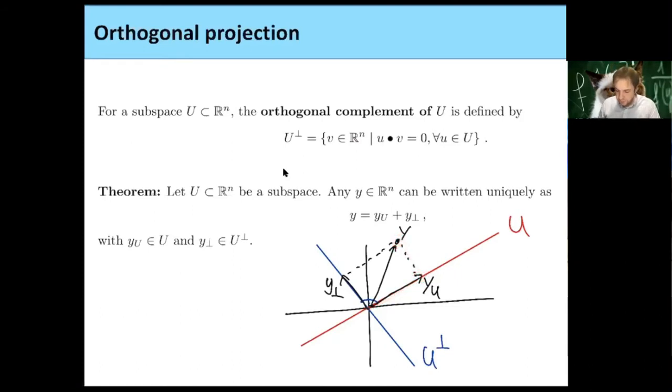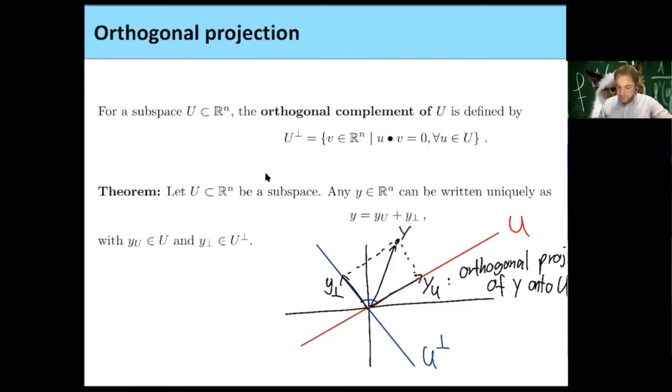And this yu is called the orthogonal projection of y onto U. Because you see this difference here is in the orthogonal complement, meaning if I start with y then this yu here is exactly what I get by going to U. And this point here is exactly the point on U which has the smallest distance to this point y, because all other points are farther away than this. Okay.